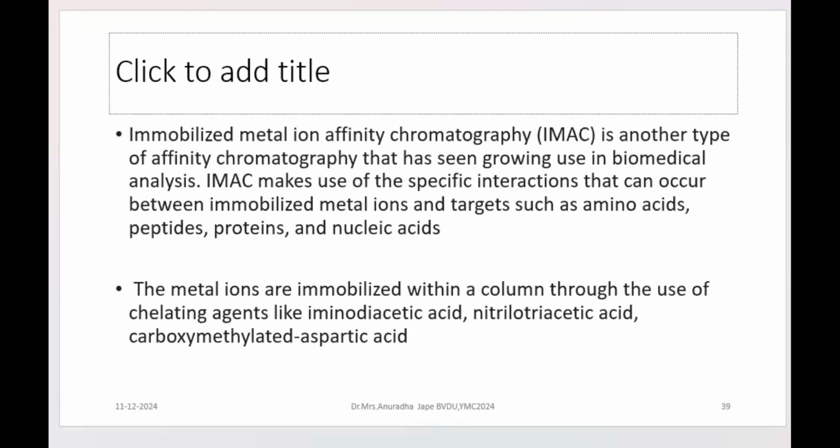So they are used for preparation or purification of amino acids, peptides, proteins, nucleic acids, etc. So metal ions are immobilized within the column with the help of chelating agents like iminodiacetic acid, or carboxymethylated aspartic acid, you can immobilize it, and then you can use it for selective purification of the analyte.